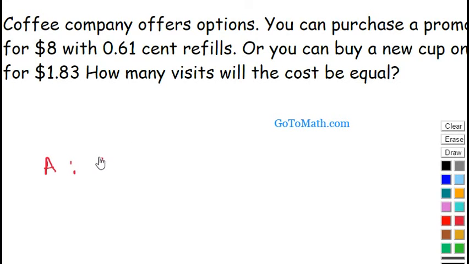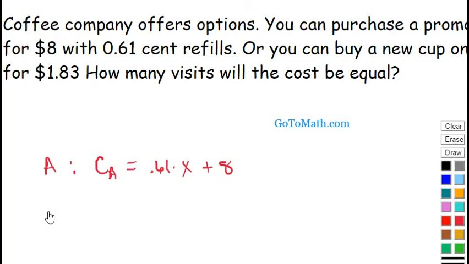So this is a cost equation: C for cost for option A. 61 cents for refills, so we'll say 0.61, and let X be the number of refills. The initial cost is $8 to buy the cup, and each refill is 61 cents, times the number of refills.